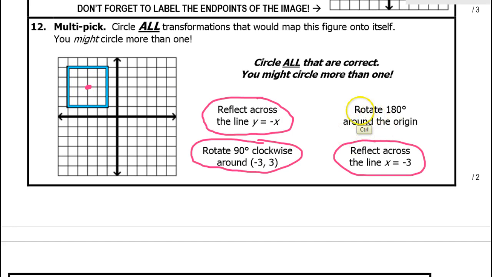Okay, and that's why this last one, if I were to rotate 180 degrees around the center of the square, negative 3, 3, that would again look the same. But if I rotate 180 degrees around the origin, which is way over here, my square is going to be over here.